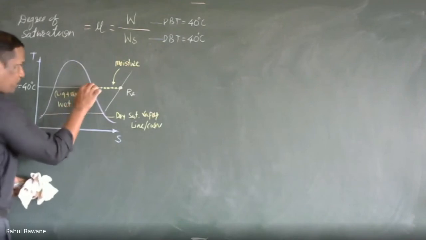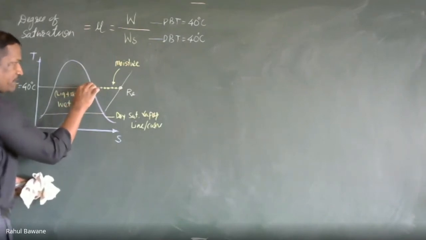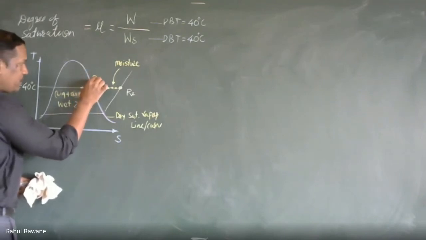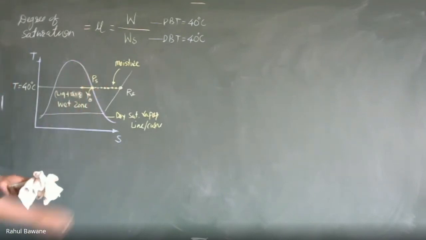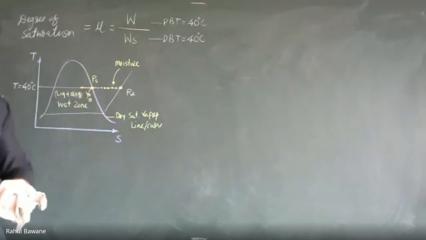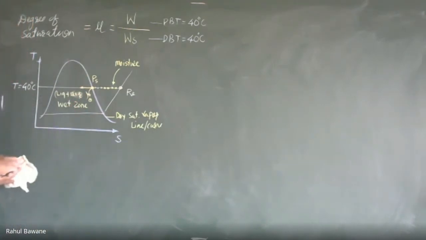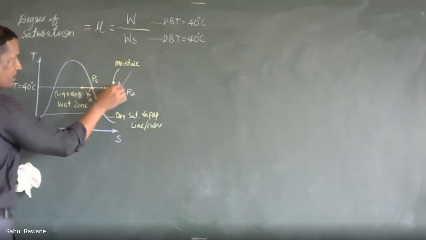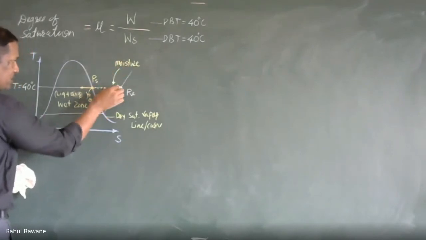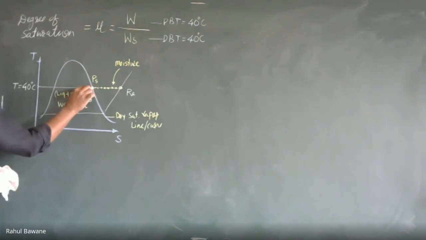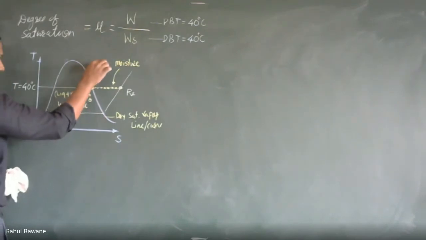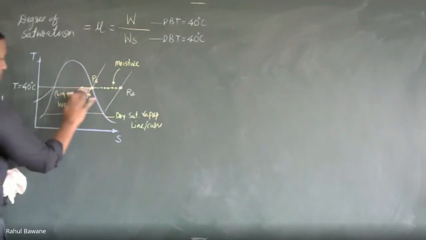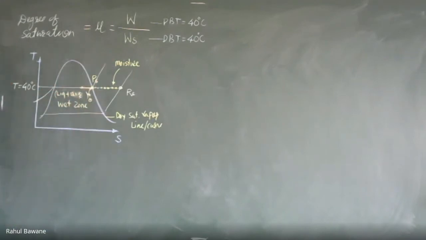At this point, this is the maximum possibility I can absorb the moisture, and this is called PS, the pressure at the saturation point. So I keep adding moisture to the vapor, and it will reach a saturation point. If I plot a pressure line here, this will be the saturation pressure.